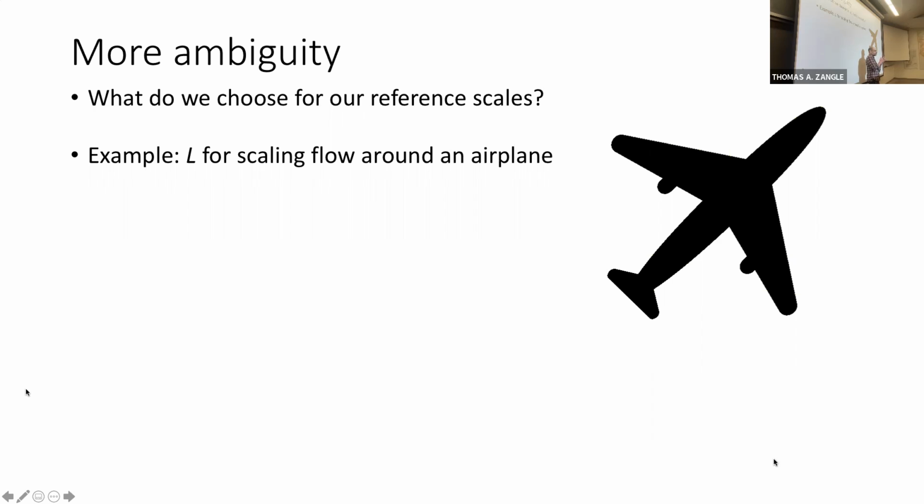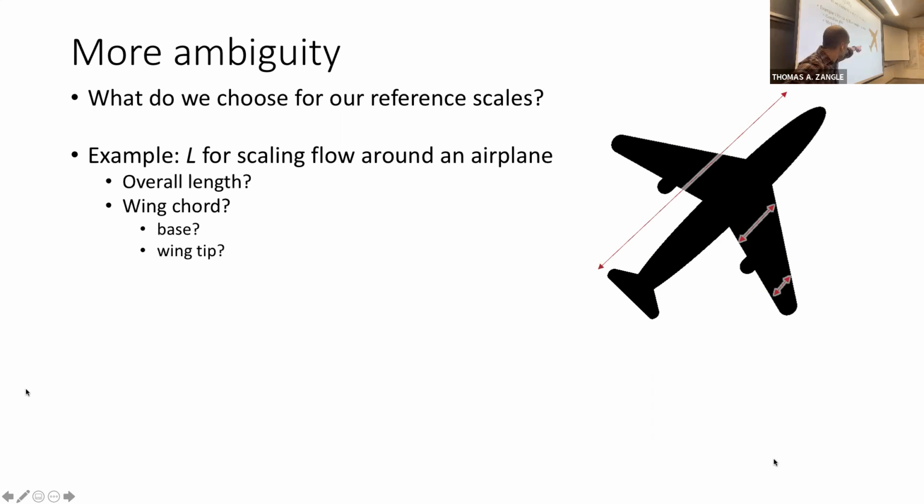So another idea for a reference length, yeah, the wingspan, right? We could try to choose something like the wingspan, or overall length, I think was the first one that I wrote down. The wing chord, right? This is called the chord of the wing, how wide it is, kind of. That might be a useful thing, but you can see that varies. The wingspan, the body width.